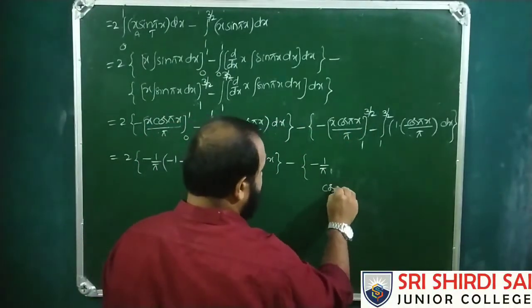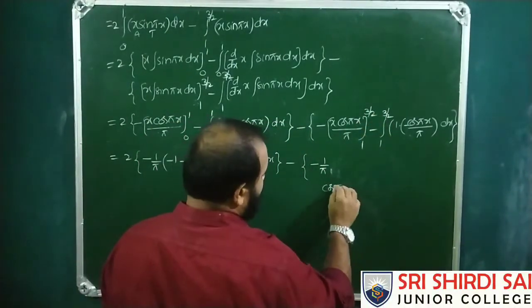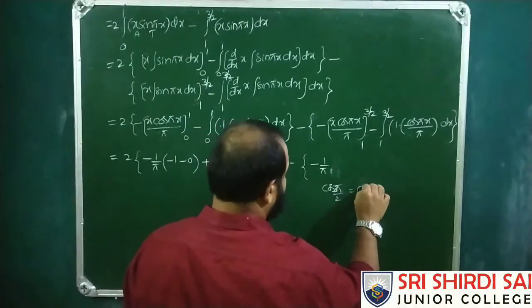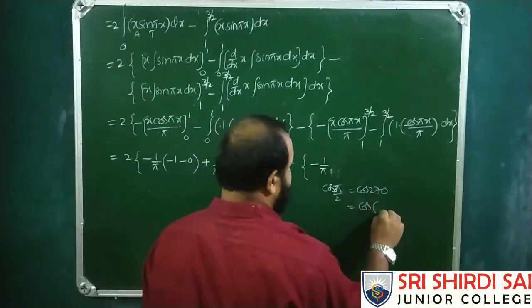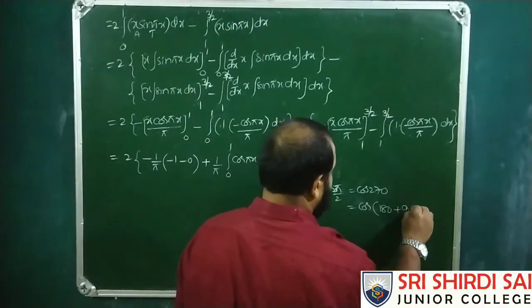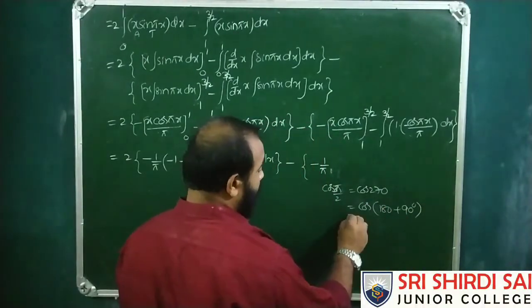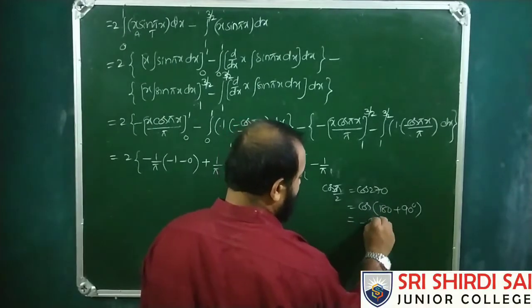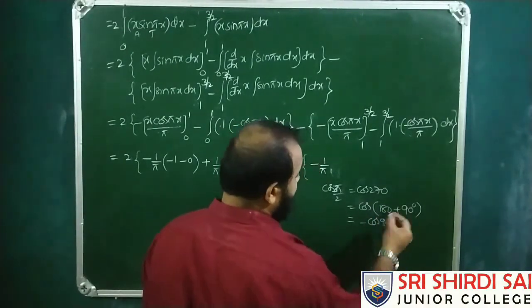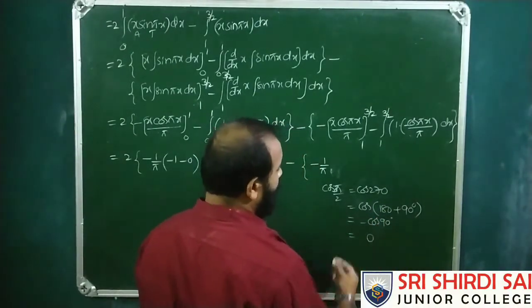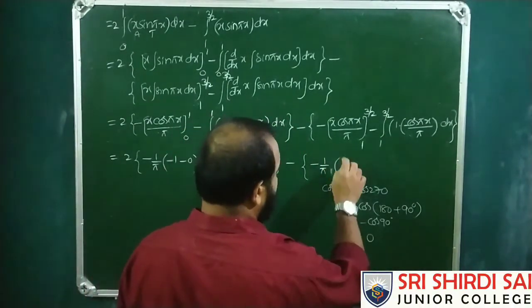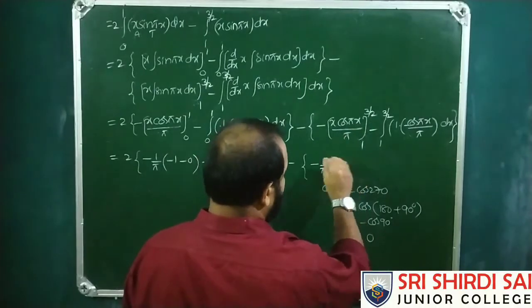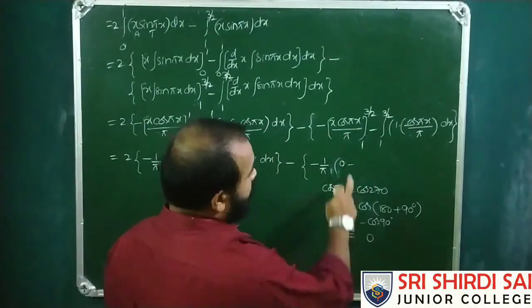Cos pi into 3 by 2, so 3 pi by 2, cos 270 is cos 180 plus 90. Which quadrant? The third quadrant, where cos is negative, minus cos 90. Cos 90 value is how much? 0. So this is minus 1 by pi, cos pi into 3 by 2 is 0, minus cos pi into 1.